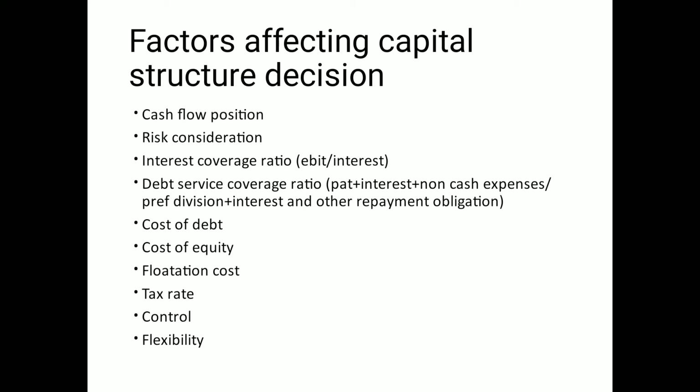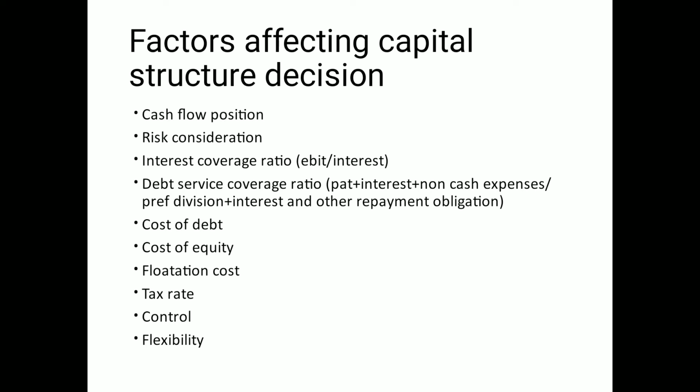So this factor of control influences the choice between debt and equity, especially in the company in which the current holding of management is on the lower side, or you can say promoters holding is on the lower side. How would it become on a lower side? Because you kept on issuing equity shares in the market. So gradually the ownership got diluted in terms of number of more and more equity shareholders.